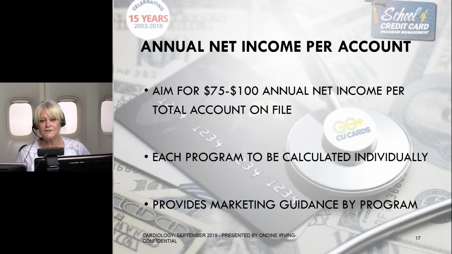The reality is the top performing credit unions with the strong credit lines, strong balances are blowing this out of the water. They're making $200 to $300 in annual net income per account, after charge-offs, after reward redemptions. Very, very profitable. I can vouch for this because I've been doing it for 16 years and I've got all these analyses to back it up.